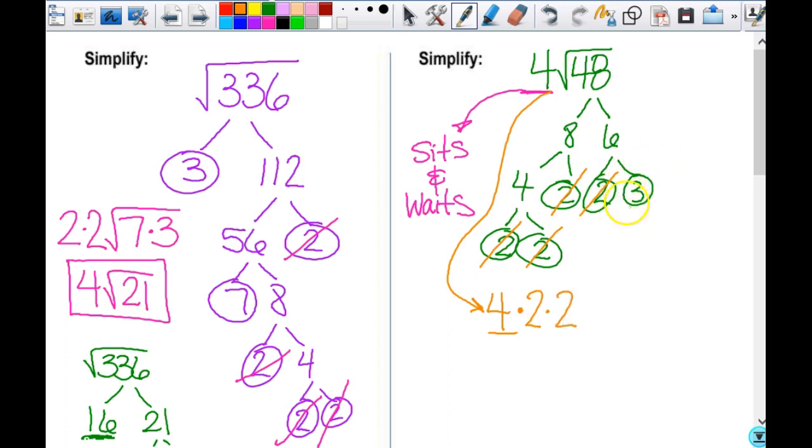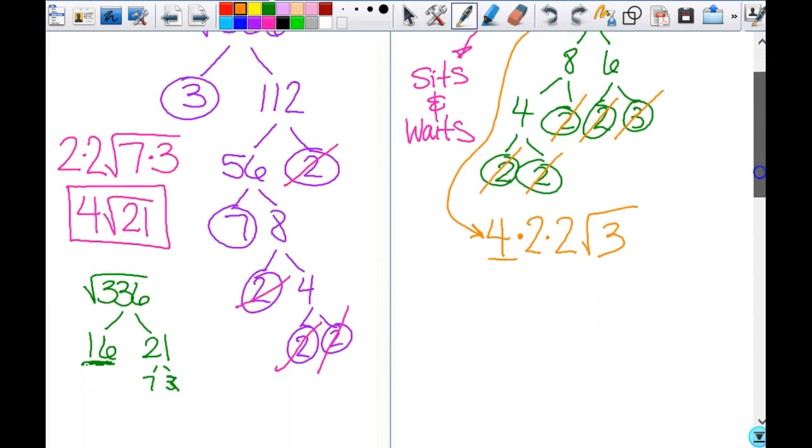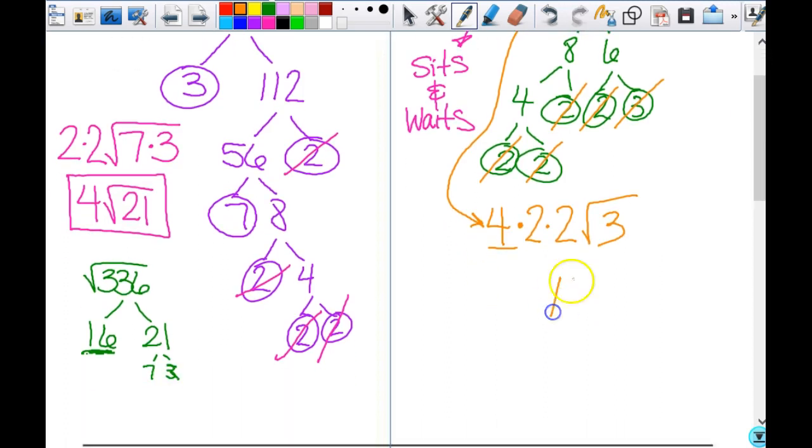Do I have anything to pair this up with? No. Do you see why you need to circle them so you don't get lost in the other ones, and why you need to mark them out as you go? Square root of 3. And then never leave it like that. Just remember it's all multiplication, so you don't get 422 times the square root of 3. It's 4 times 2 is 8 times 2 is 16 square root of 3. Okay? We good? Any questions?